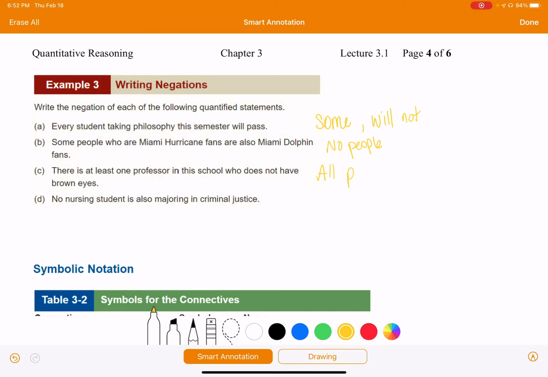All professors in this school have brown eyes. And then letter D says no nursing student is also majoring in criminal justice. Well, if we're starting with no, we can negate it by saying at least one.